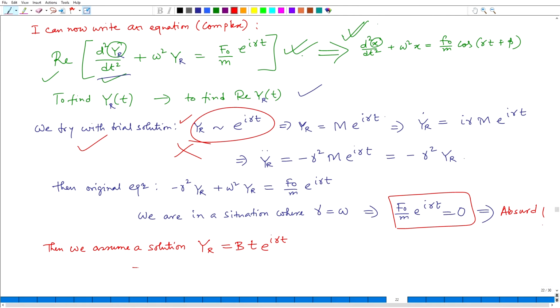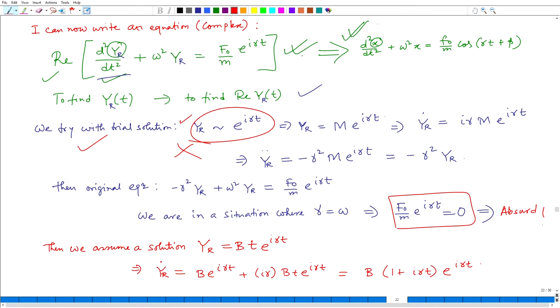Then y r dot will simply be equal to b e to the I gamma t plus I gamma b t e to the I gamma t. So, it should be b times 1 plus I gamma t e to the power I gamma t.